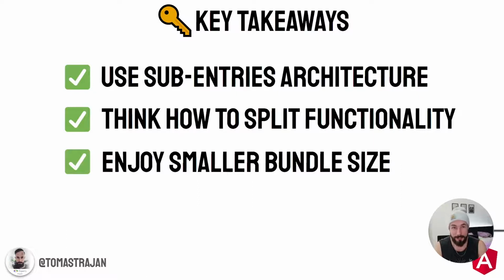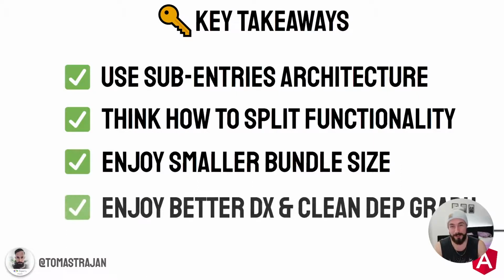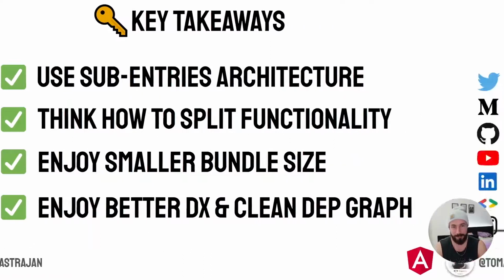And if you do that, you will enjoy the smaller bundle sizes and better developer experience and a clean dependency graph, so that your library will stay maintainable and you will be able to evolve it and change it for much longer time without much headache, which is usually the case otherwise, unfortunately.